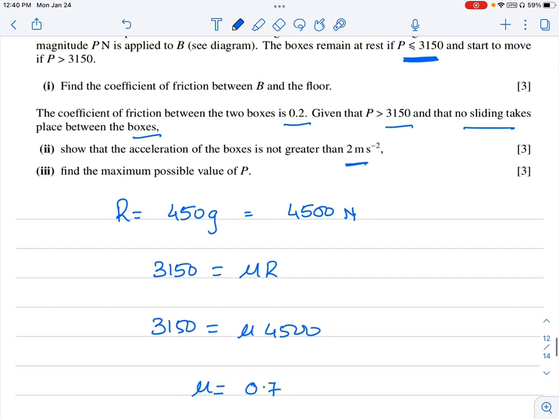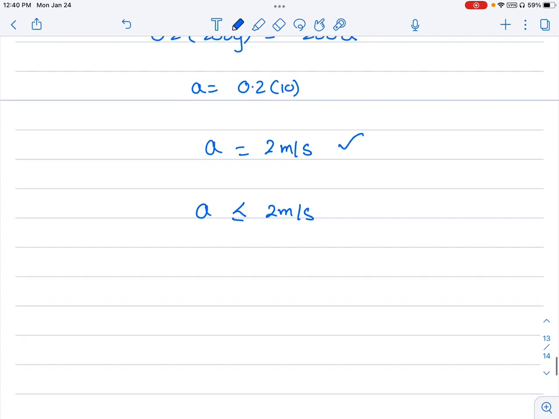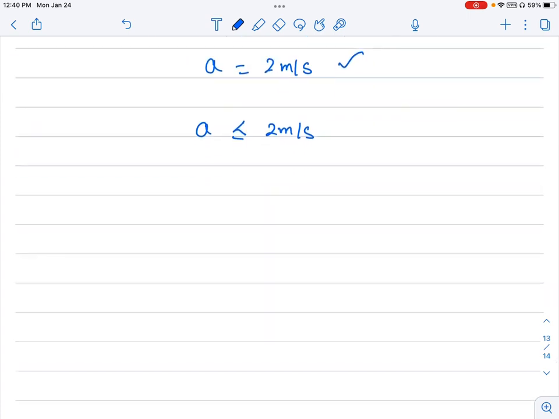Find the maximum value of P. Now P is the forward force, minus the backward force, which is the frictional force. I take it as a total system, 450 a. Forward force minus backward force is equal to ma. So P is equal to 450 times a plus the frictional force.